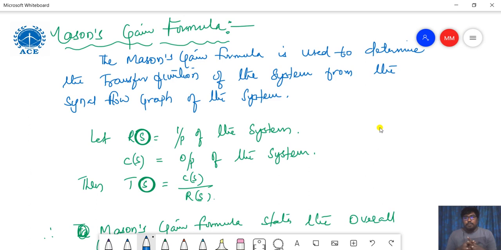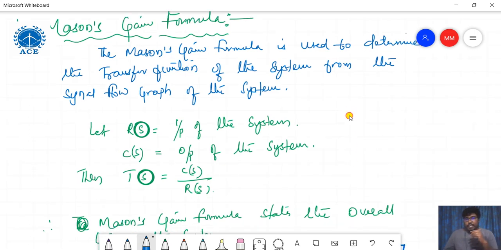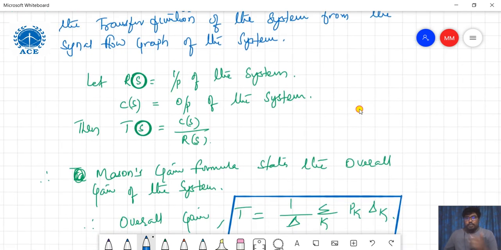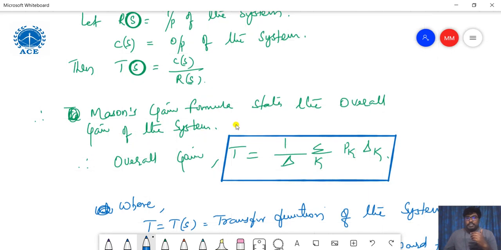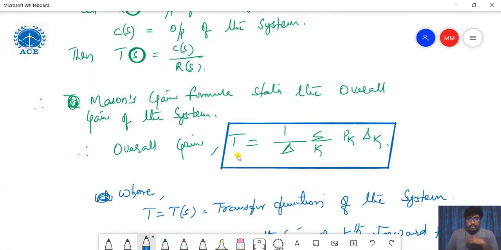Mason's gain formula is used to determine the transfer function of the system by using the SFG. For a transfer function, generally we have input and output. So Mason's gain formula states that the overall gain of the system, T, the transfer function, is equal to 1 by delta times the summation of Pk delta k, where k goes from 1 to n.